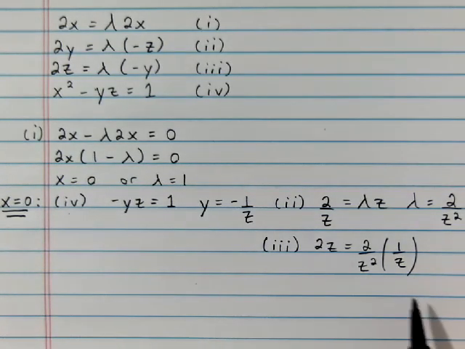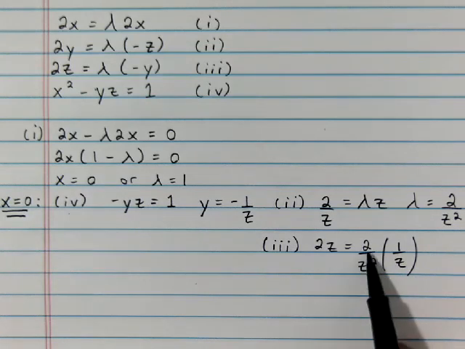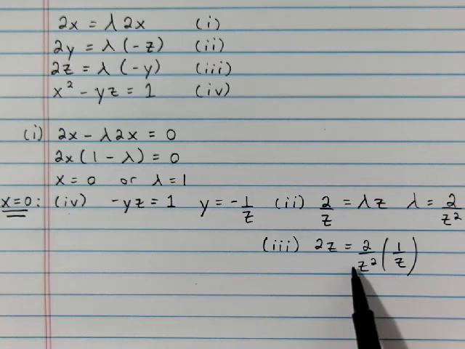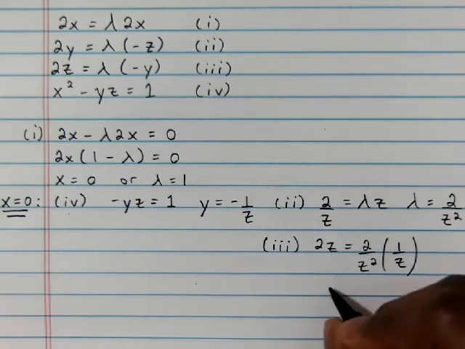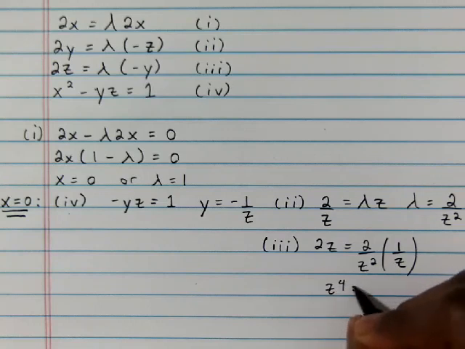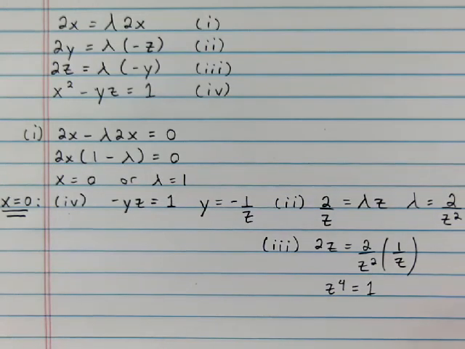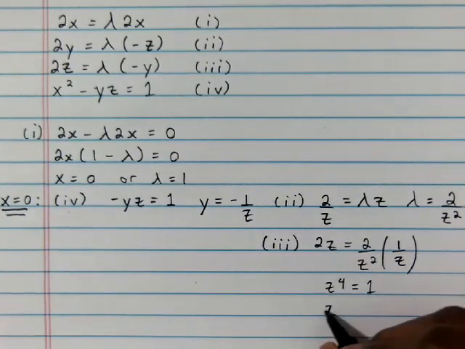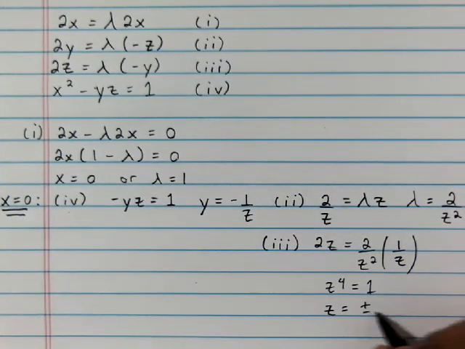So now when we solve this for z, the 2's are going to cancel, and then we multiply both sides by z cubed, and we'll get z to the 4th equals 1, which tells us that z is going to be equal to plus or minus 1.